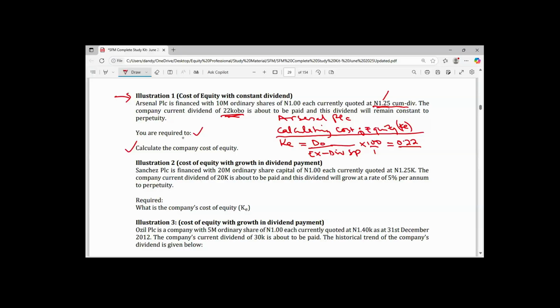Now, you cannot use the 1.25 to calculate your cost of equity, so you need to convert it to XDIV. I will go and do my working somewhere.